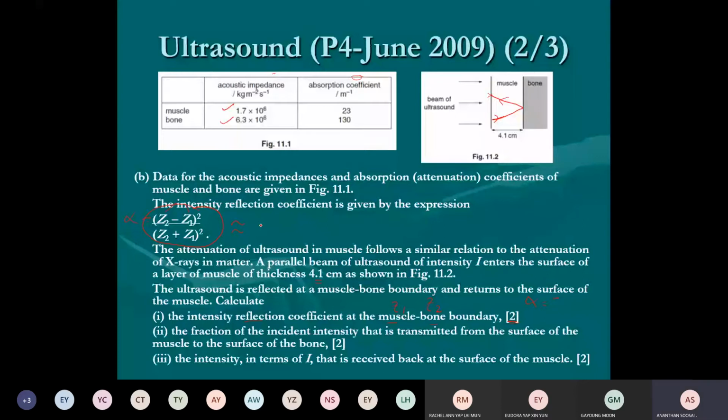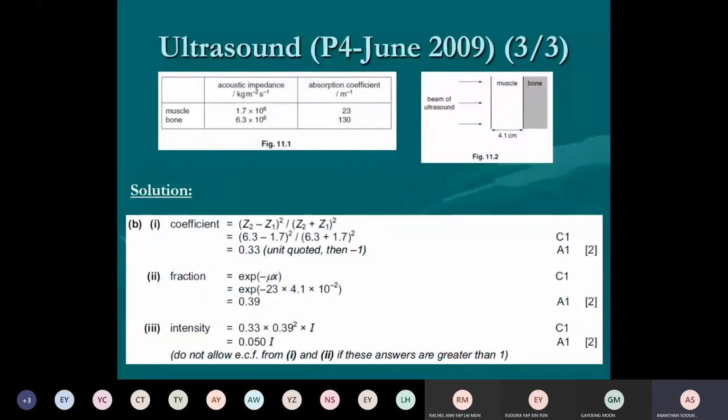Anyone? Without calculating, tell me. Muscle and bone: Z2 and Z1 have a big difference. How much do you get, anyone? If you substitute. So I go to the answer, just not to waste time. So alpha is found to be 0.33.